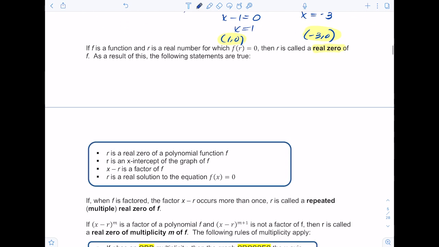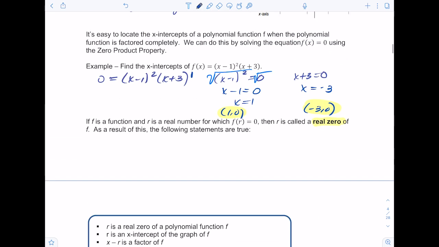So what we want to remember is that r is a real zero of a polynomial function f. What that means is if I was to take 1 and plug it into this function, it would give me 0. If I took -3 and plugged it into this function, it would give me 0. Those values, we call them r, are also x-intercepts of the graph.